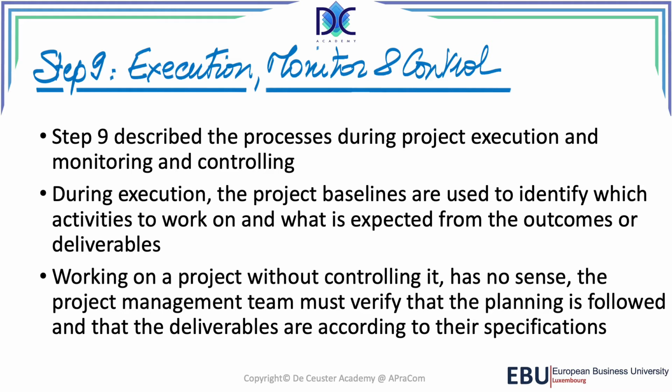We have to verify, are we doing the work? Are we on time? Are we providing what we promised? All these things have to be monitored. Otherwise, we have no idea where the project will be going. And we may end up in a situation where finally nobody is happy, nobody knows what's going on, and that should be avoided. No monitoring, controlling will certainly lead to catastrophe.